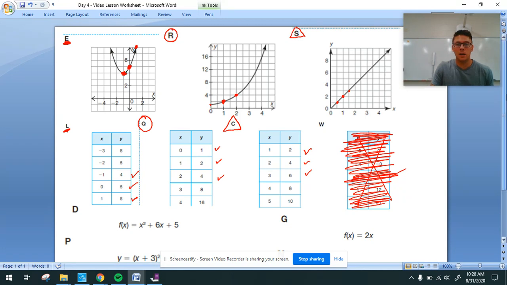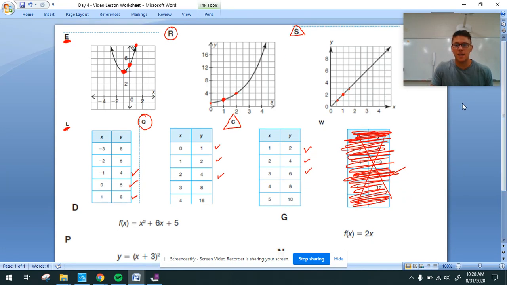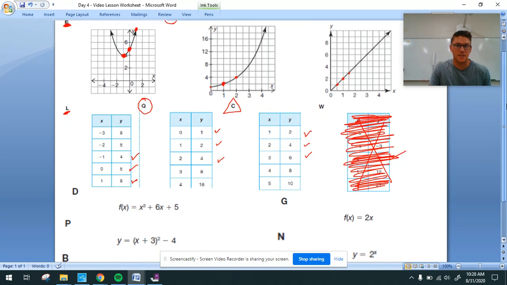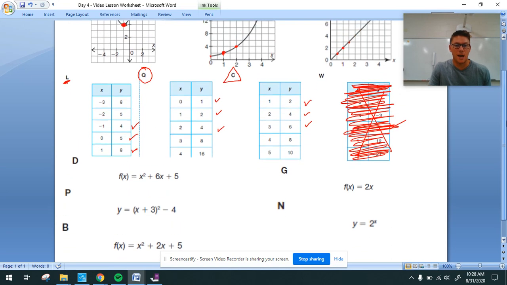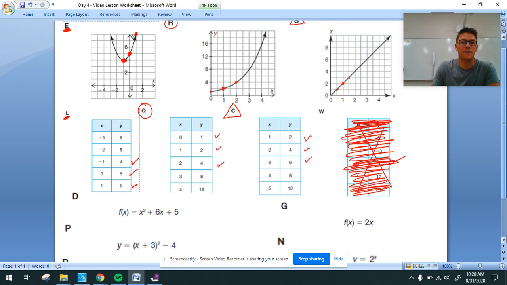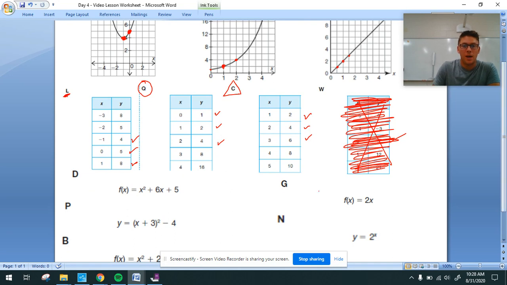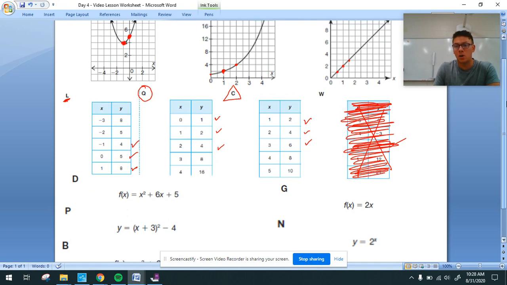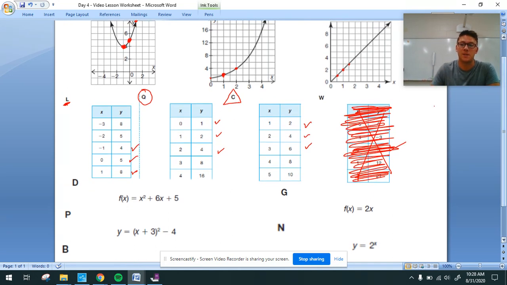So let's take it a little bit further and see what we have for our equations. So the equations now, we have to try to see if they match. And we could do it a couple different ways. Here's where you have options.